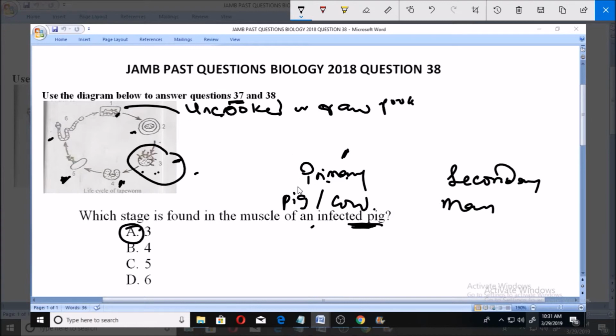The digestive juice of the secondary host removes the protective layer round the eggs, so that you will now have the embryos that bore through the intestinal wall of the secondary host that carries them. So that is actually what goes on in this life cycle of tapeworm.